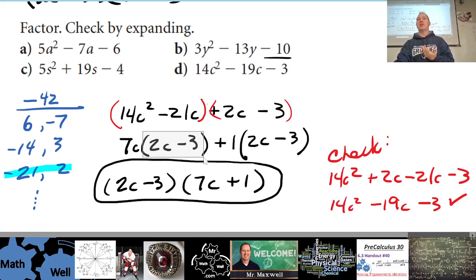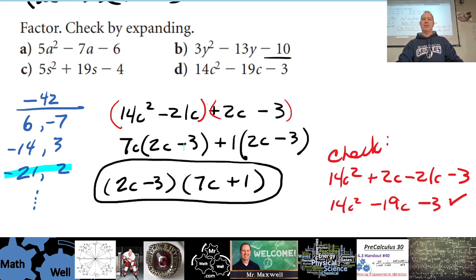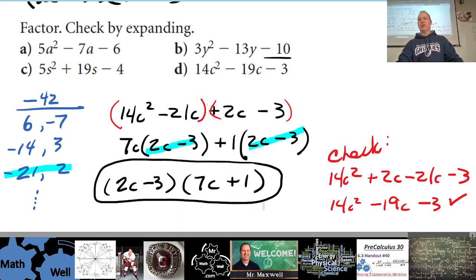It seems like it's cheating, but it's not. When you divide 1 by each of these terms, you get just the same terms back. So 2c minus 3 works to write it as 1 times 2c minus 3. See that? That's what you have to do in order to get a common factor of 2c minus 3. So here's your answer. That's the one little tricky difference for D.